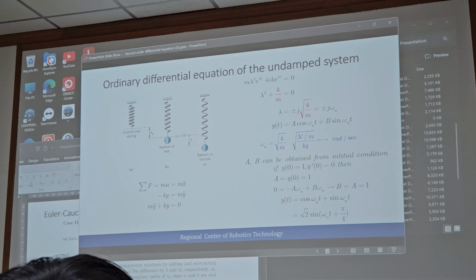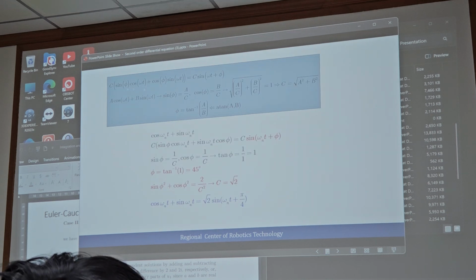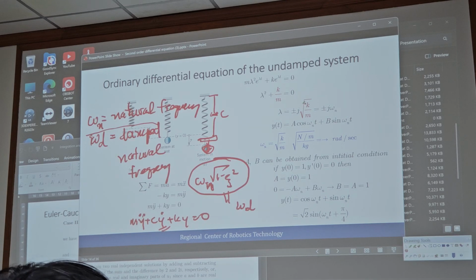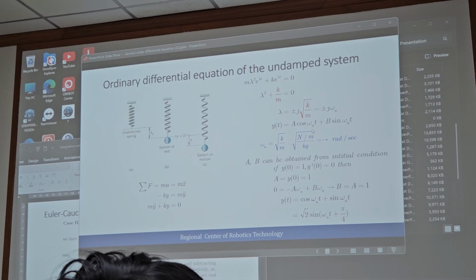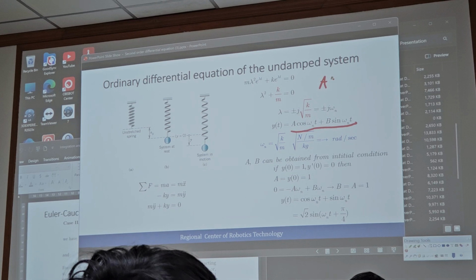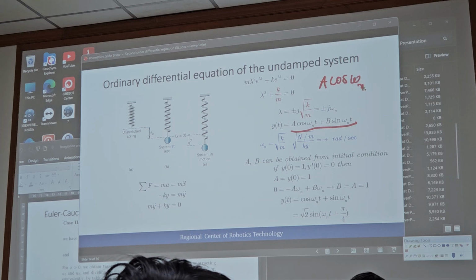Just to give you more detail. And the solution, you have this form. You can convert this into A cos(omega n t plus phase), or A sin(omega n t plus phase), another phase.